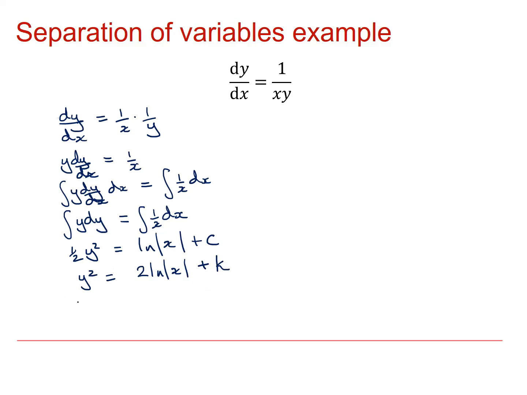And now I can square root both sides, so I get finally that y is equal to square root of 2 log mod x plus k.